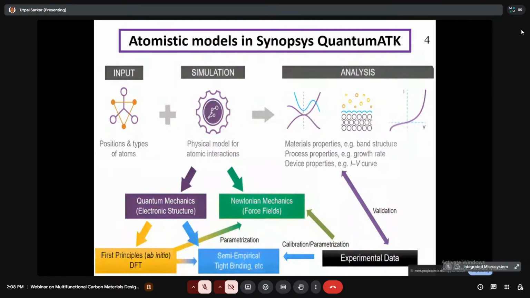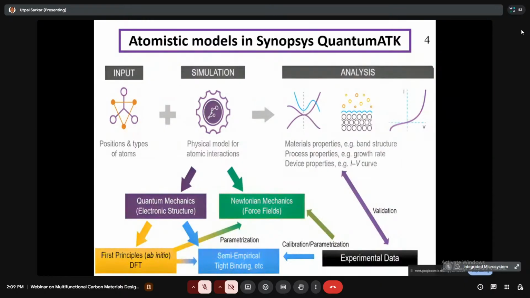We also used QuantumATK for doing molecular dynamics simulations using the classical force field available in QuantumATK, apart from the electronic structure calculations of the device and the battery materials. In between, there are semi-empirical methods, tight binding methods that are also available here, and nowadays machine learning force field is also available.